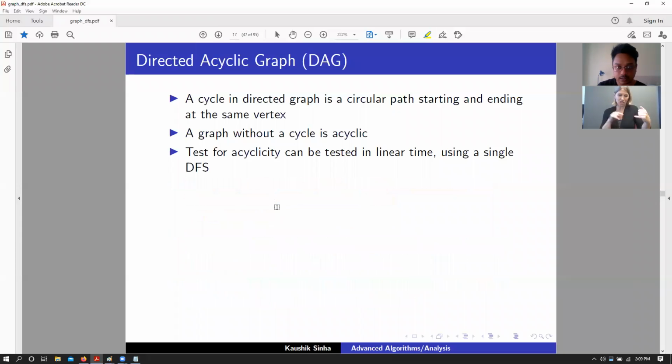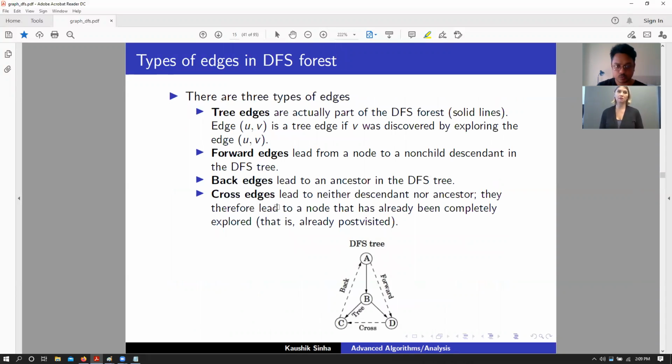Imagine what a back edge is. A back edge was essentially an edge that connects a child node to a parent node, right?